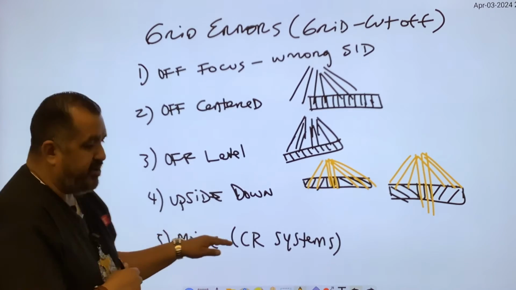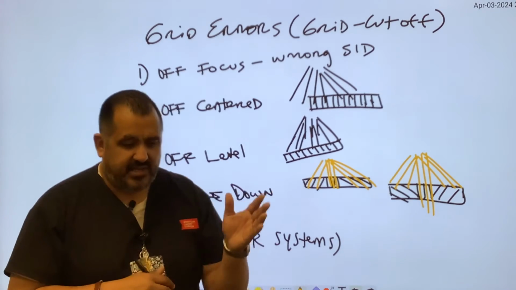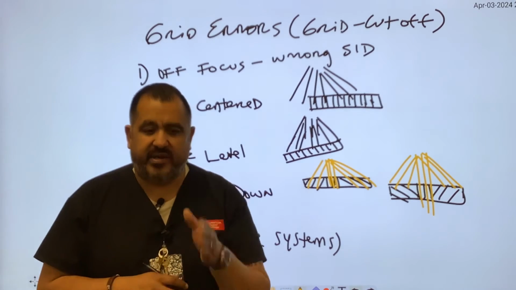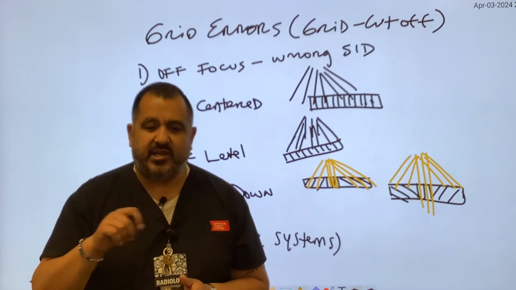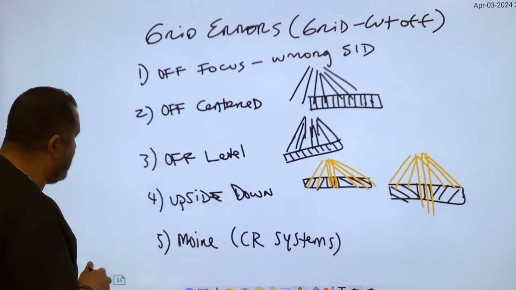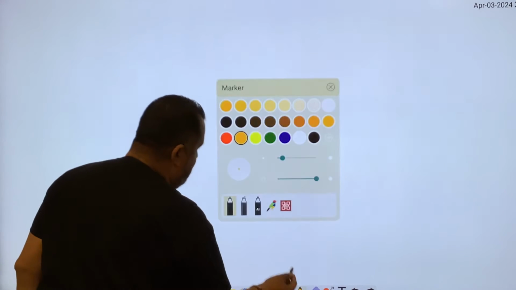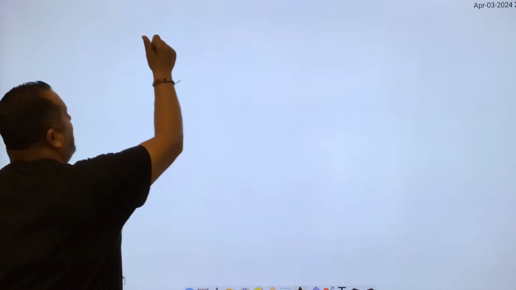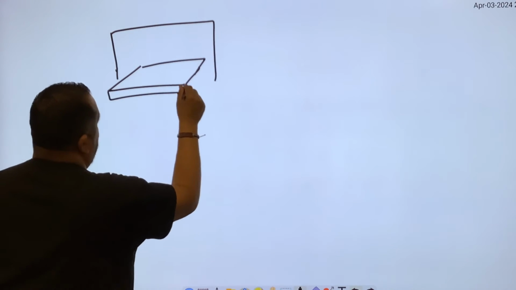So the Moire pattern are these diagonal lines that occur on the image because the grid lines themselves are causing an interruption in signal. So I'm going to draw it out here for you guys. So let's do this. If you guys are still working with CR readers, you put a cassette into the scanner.